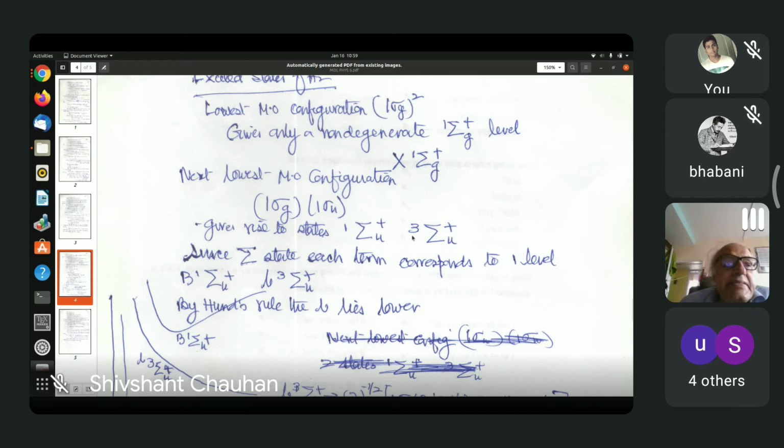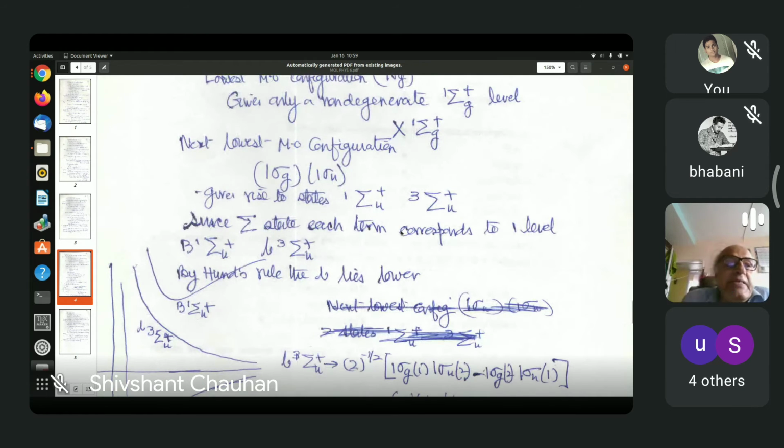Because both are singlets, we write this excited state as capital B before the term designation. So capital B singlet sigma U plus. But the other state is a triplet, which has a different multiplicity from the ground state, and the ground state is capital X. So this state will also be B state because it's the first excited state, but with small b because it is a different multiplicity.